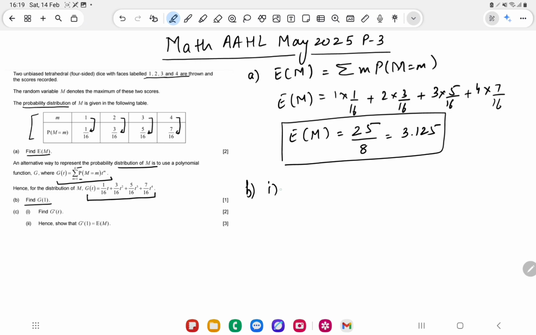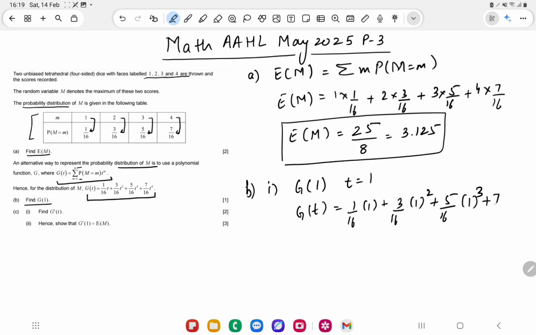For the B first part, G(1) means when your t value is 1, so we substitute t by 1 in the G(t) function: 1 by 16 times 1, plus 3 by 16 times 1 squared, plus 5 by 16 times 1 cubed, plus 7 by 16 times 1 to the power 4. When you solve this, you will get 16 by 16, which is nothing but 1. So this is how we solve the B first part.